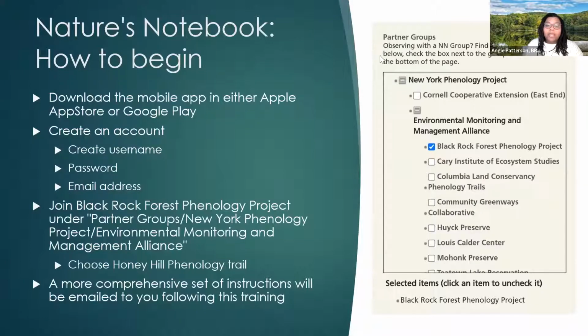And you'll find us by expanding the New York Phenology Project drop-down menu and expanding the Environmental Monitoring and Management Alliance group, where you'll find us listed here. You'll then check that off and then proceed to the next steps to complete the process. Eventually, you'll find our Honey Hill Phenology Trail project, where you can then start to add data right away.